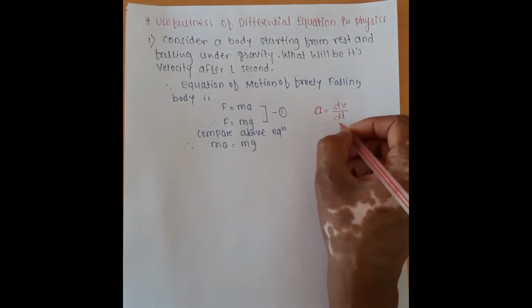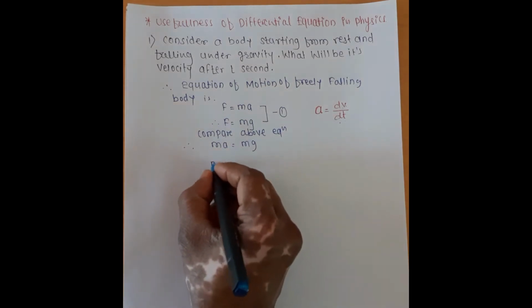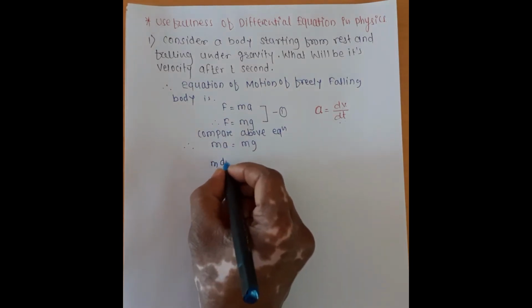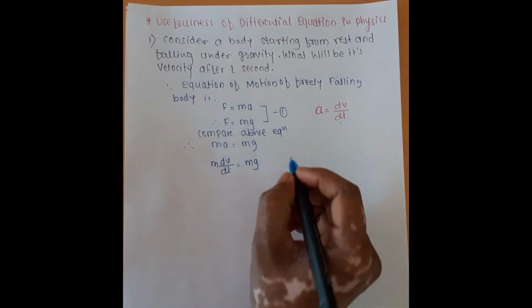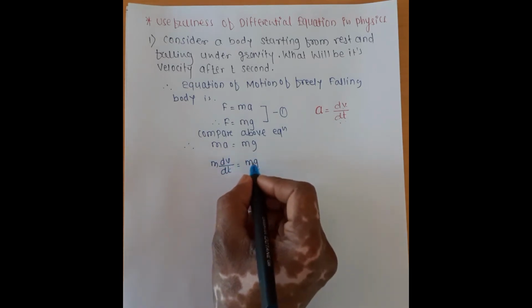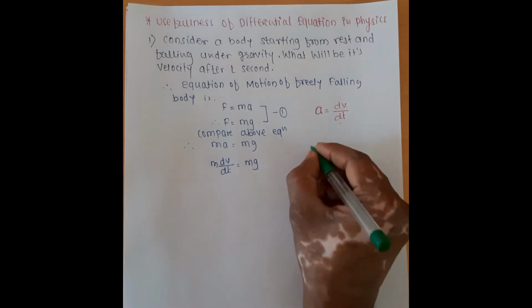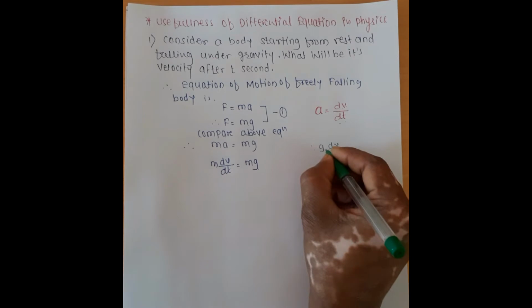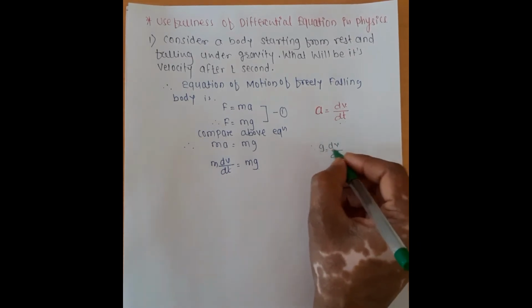Okay, and here we simplify these equations. So now the equation is written as m dv by dt equals mg, because g is the acceleration due to gravity, the rate of change of velocity with respect to time.